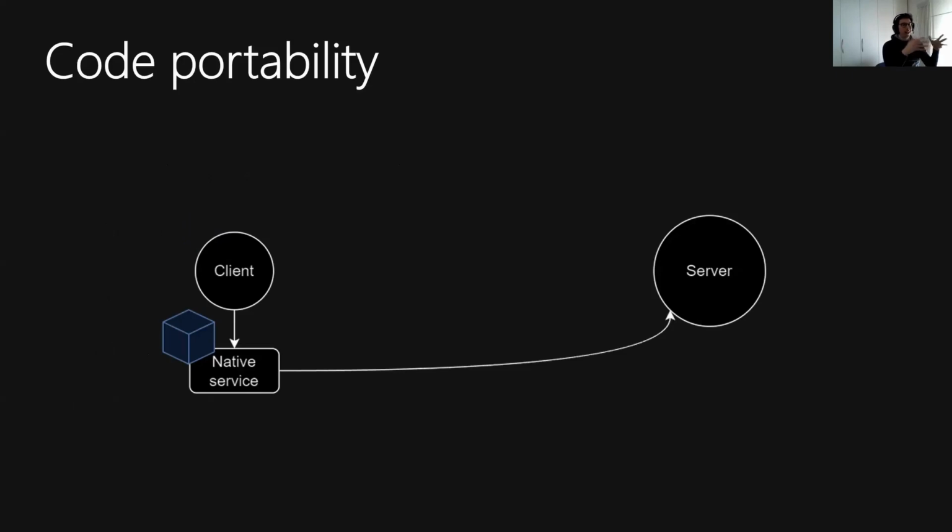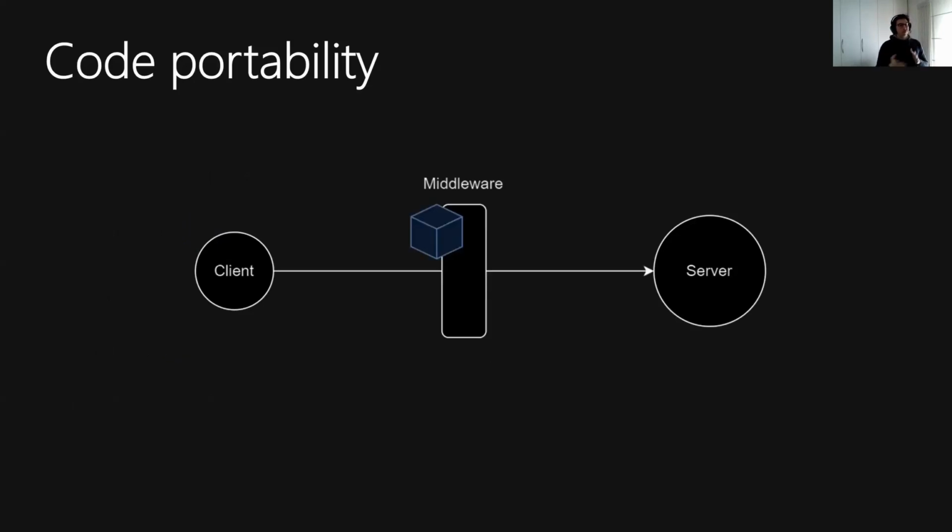For example, a native binary or a browser plugin that then talk with the extension via some kind of native messaging. Or we might want to deploy it in a middleware. So if we switch to a three-tier architecture, we don't want to rewrite any code. We want it to work straight away. Or we might even want to deploy it to the server directly.